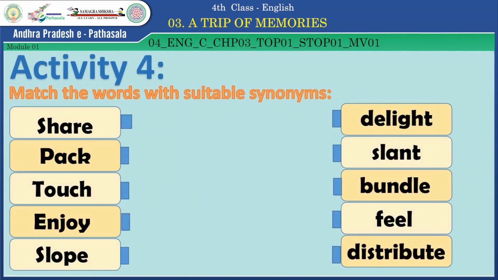Let's see an activity. Match the words with suitable synonyms. Share, pack, touch, enjoy, slope, delight, slant, bundle, feel, distribute. So kids, observe the words related to their synonyms and draw lines.